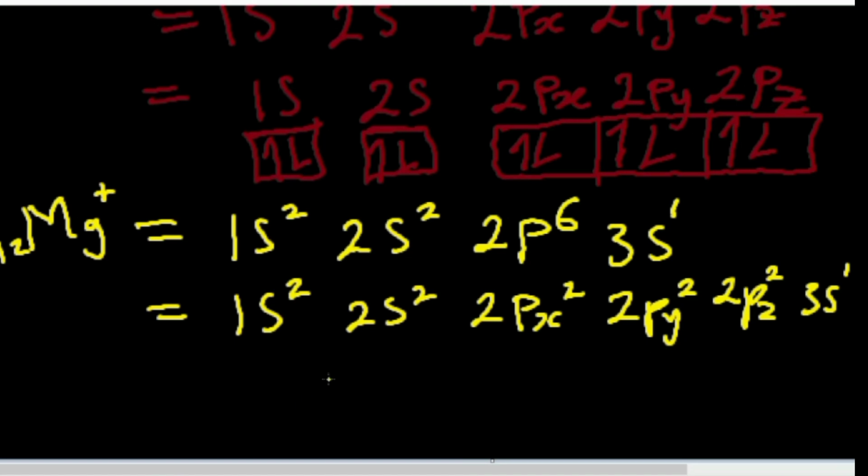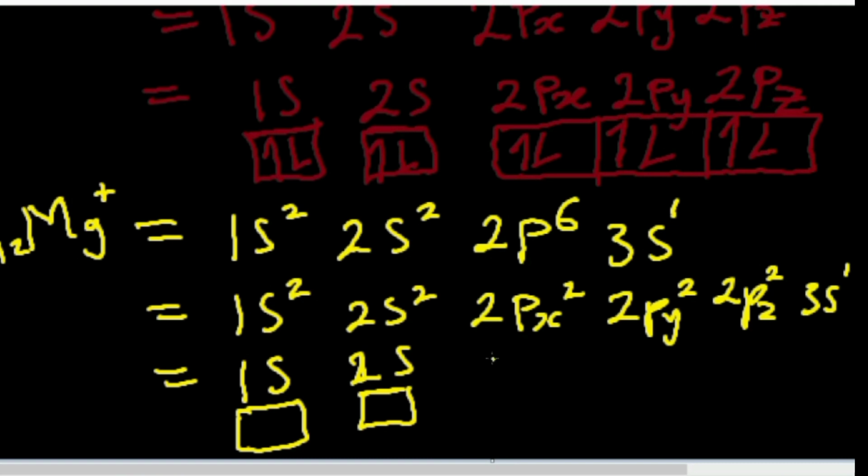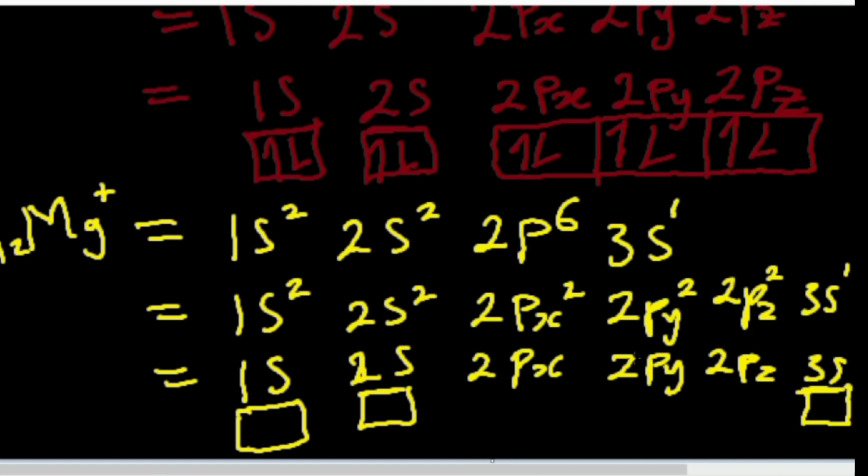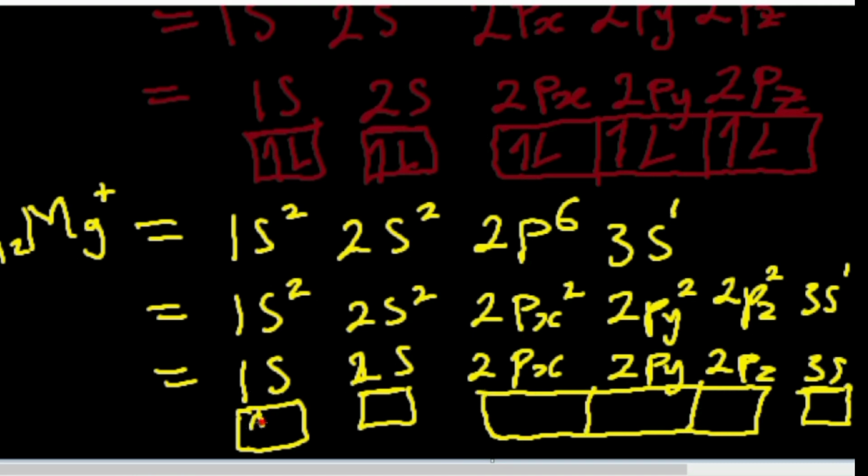Alright, and the Bohr notation. So when magnesium loses one electron, its configuration will be just like that of the sodium element. Yes, so let's see. Degenerate orbital. So you have spin up, spin down, spin up, spin down, right?